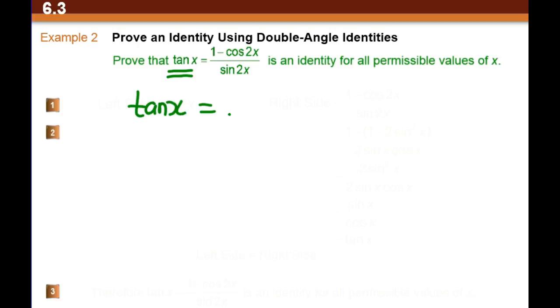Once we see the bottom, we'll be able to see which one is going to work the best for the top. So can we switch sine 2x to anything? It's 2 sine, and I'm just going to put x's because they're using x's here. 2 sine x cos x, right? Because this one's the double angle identity for sine.